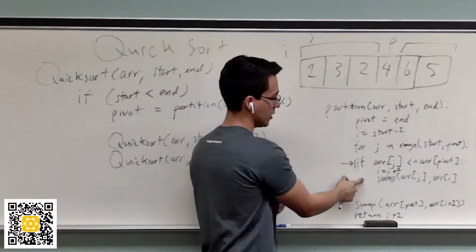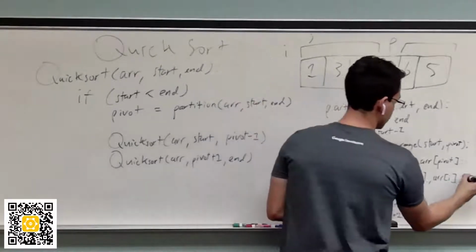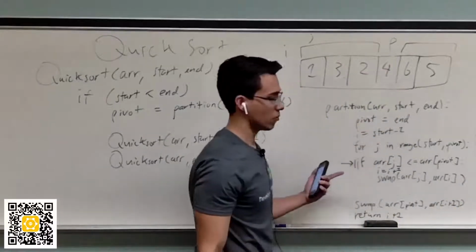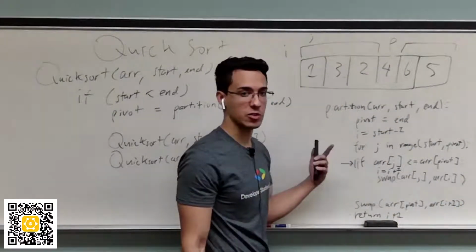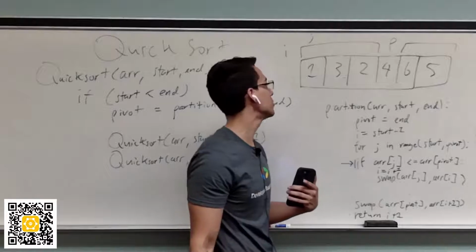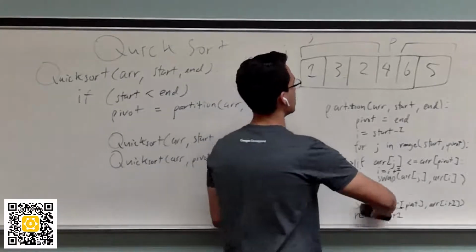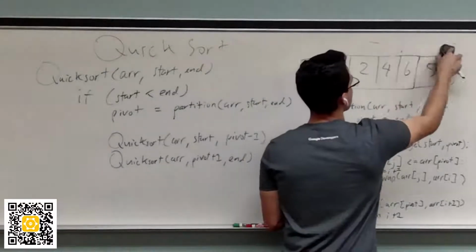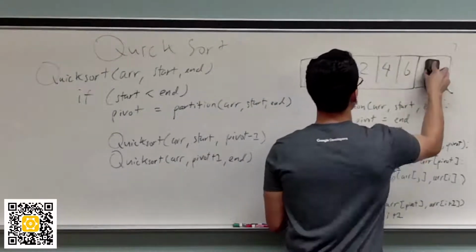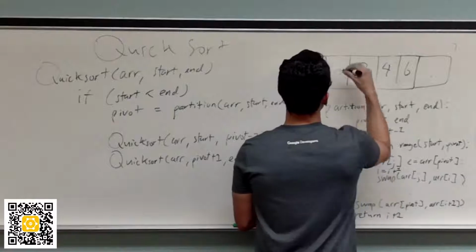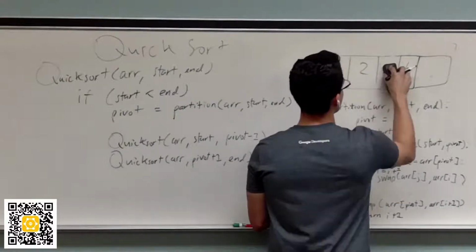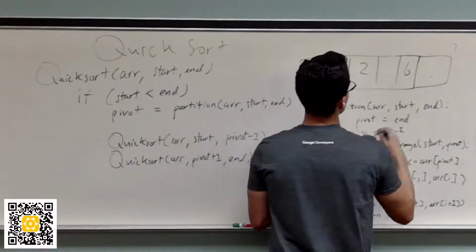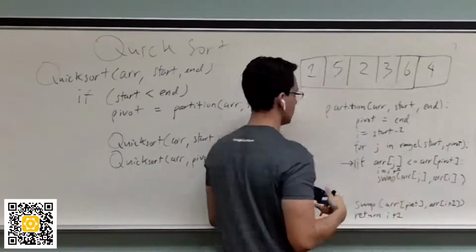And then only swap when you find that it's less than, because you could be in a situation like, I'm gonna undo what I did before, and I'm gonna put 4 back. I'm gonna put 5 here, and I think this is a 3.